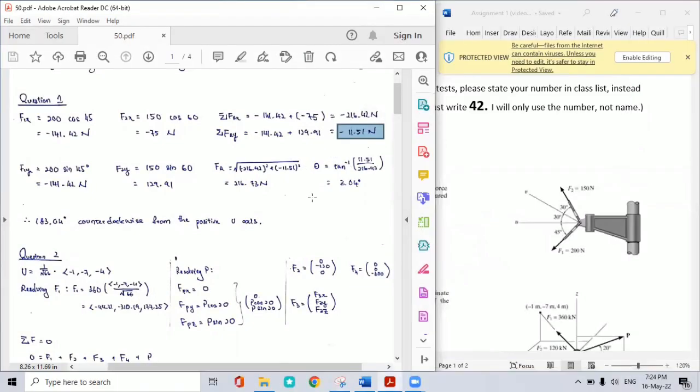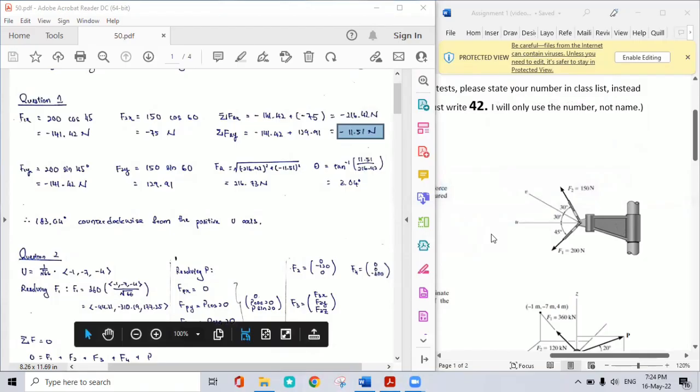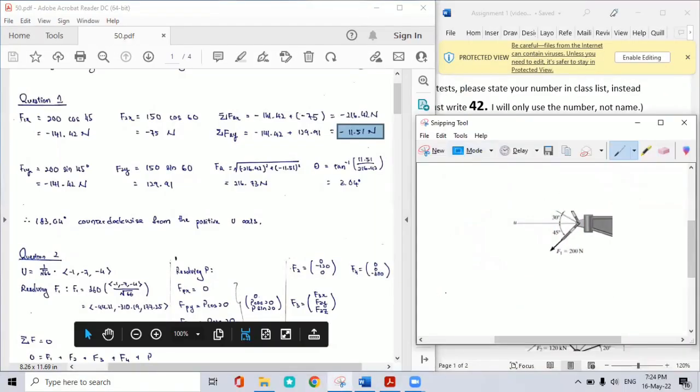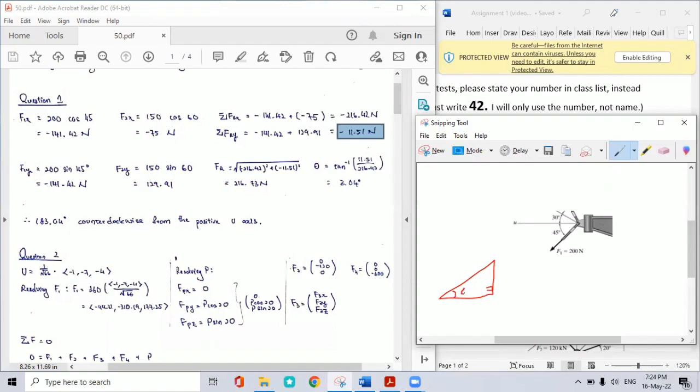After that, we have to calculate the angle of the resultant force. We know that in a triangle, the line in front of this theta we call the opposite, this is the adjacent, and this is the hypotenuse.